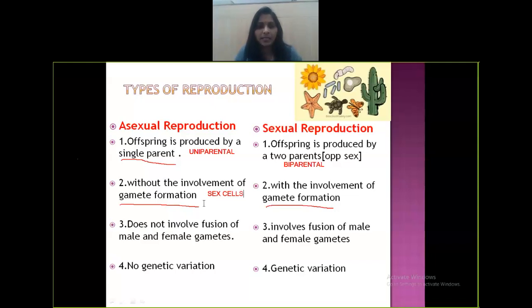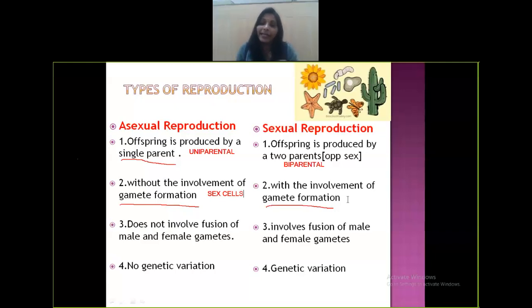So if the organism itself is a single cell, then where's the point of the sex cell? So here there is no involvement of gamete formation, whereas in sexual reproduction there is involvement of gamete formation. Gametes are formed. You can differentiate between the male gamete and the female gamete.